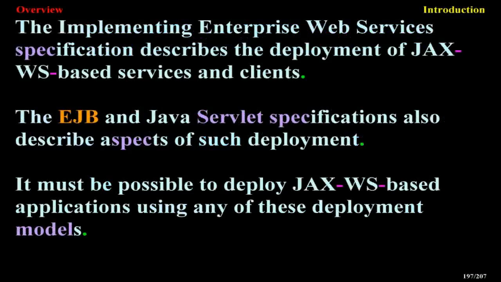The Implementing Enterprise Web Services specification describes the deployment of JAX-WS-based services and clients. The EJB and JavaServer Pages specifications also describe aspects of such deployment. It must be possible to deploy JAX-WS-based applications using any of these deployment models.